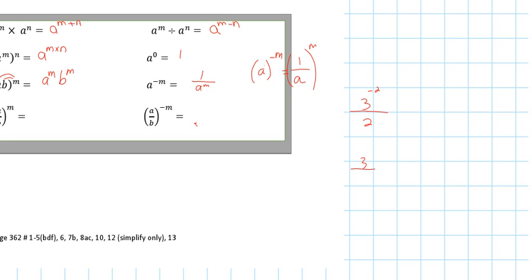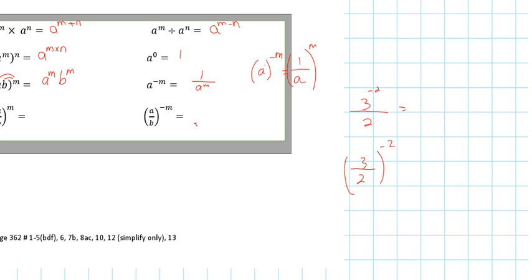So in this case, only the 3 is to the power of negative 2. So what do I do to make it positive 2? Flip what? The 2 will not go up in this case, and that's why I gave you the difference here. Only the 3 is going to come down.